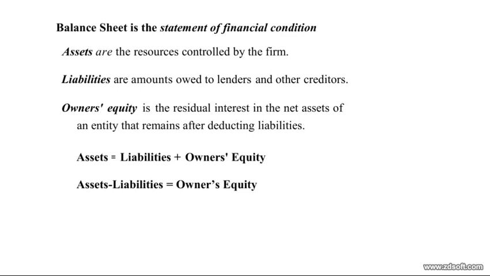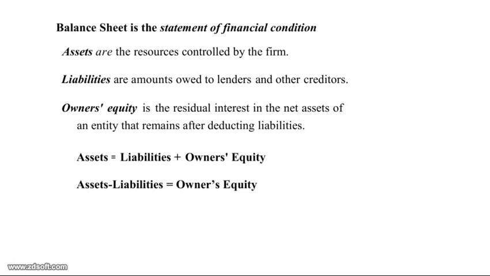I will explain. And owner's equity represents the excess of assets over liabilities at a specific point of time. This amount is attributed to the company's owners, meaning real owners or equity shareholders. Please remember, it is the owner's claim after deducting all the liabilities from its assets.